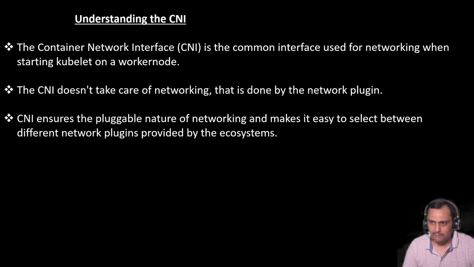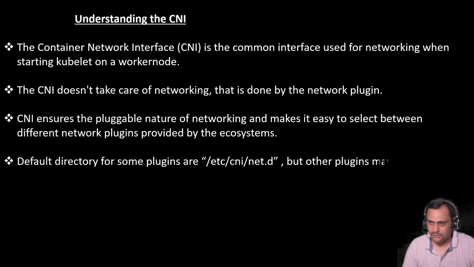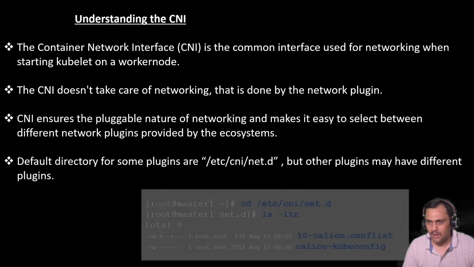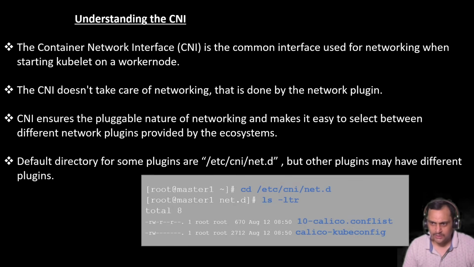There are multiple network plugins available. As per your requirement, you may select the network plugin. By default, the directory for some plugins is /etc/cni/net.d, but other plugins may have different directories, so you have to take care of that. I'm using Calico, which is a CNI plugin.